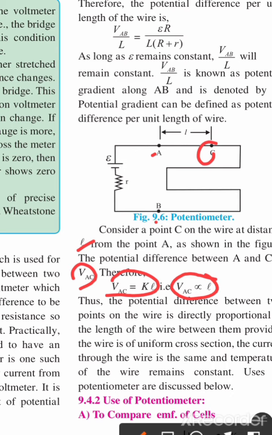Under these conditions, the potential difference between two points on the wire is directly proportional to the length of the wire between them.